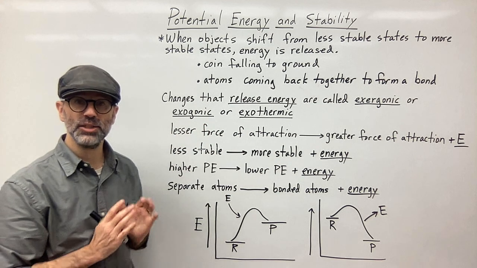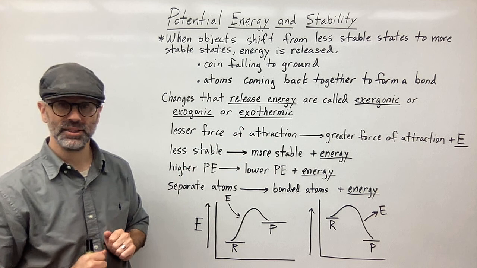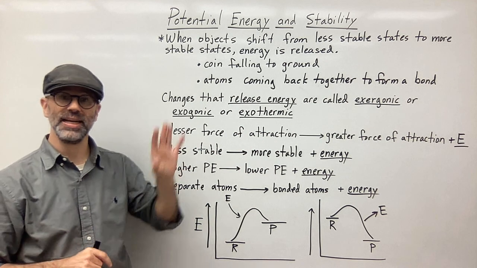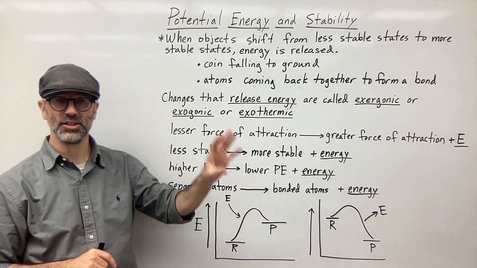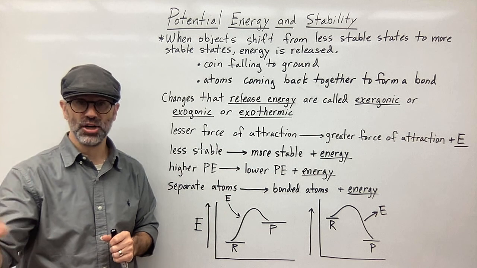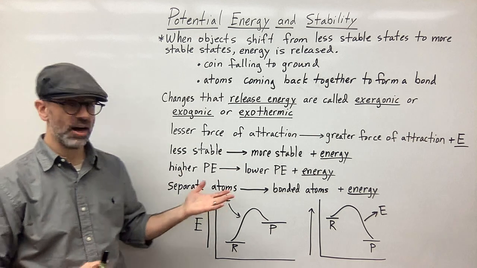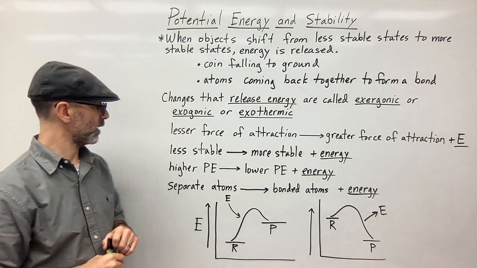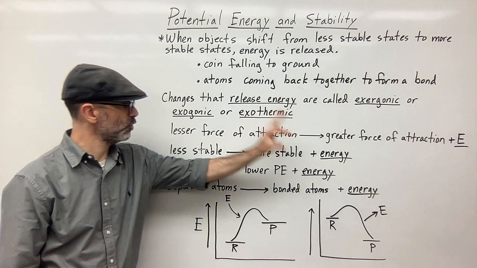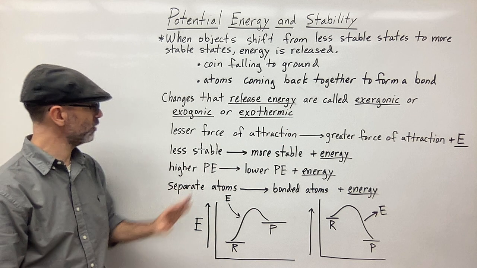So energy is being released, it's going out from the system. So that hopefully is a way that you can remember the difference between exogonic or exergonic versus endogonic or endergonic, or exothermic, endothermic.